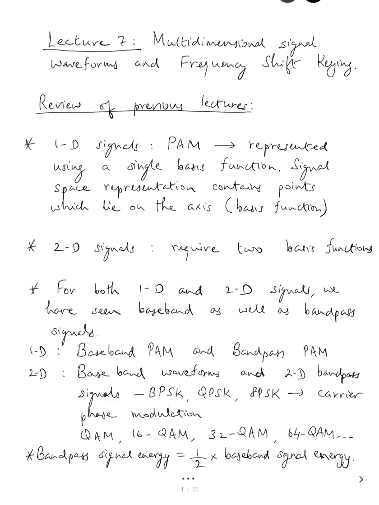And we saw how to go from baseband to bandpass, and how we did that was to have the baseband signals multiplying a carrier signal of some high frequency, right? So we discussed both the scenarios with baseband as well as bandpass for both one-dimensional signals as well as two-dimensional signals.